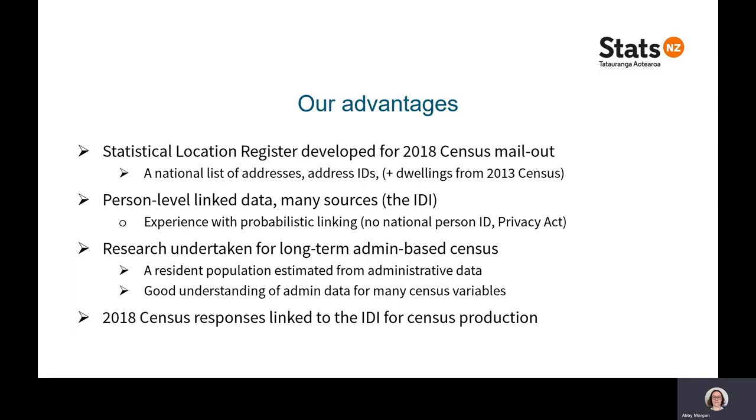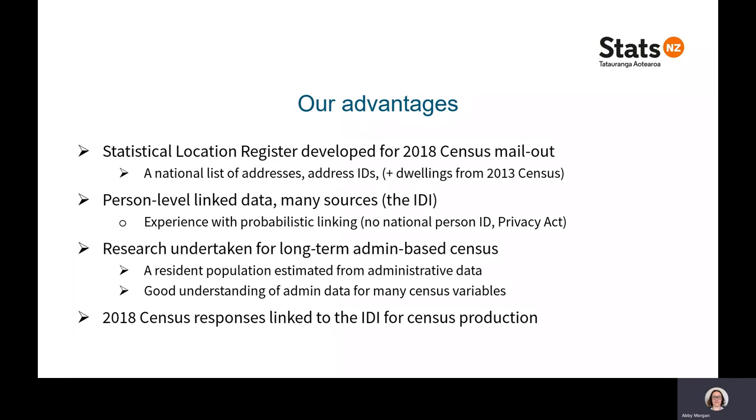Extensive linked administrative data was available in StatsNZ's integrated data infrastructure, the IDI, and we had connections between the address and person level linked data via the unique address IDs, and extensive previous research that had developed an administrative New Zealand resident population and a good understanding of how admin data could be used for many census variables.